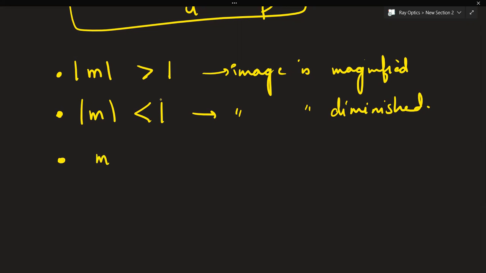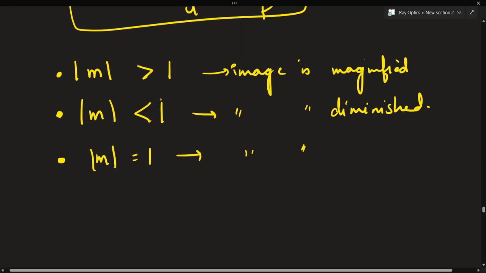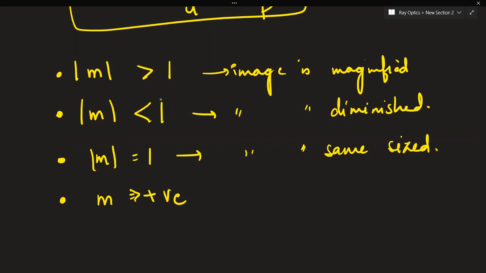And if it is equal to 1, then the image is the same size as that of the object.